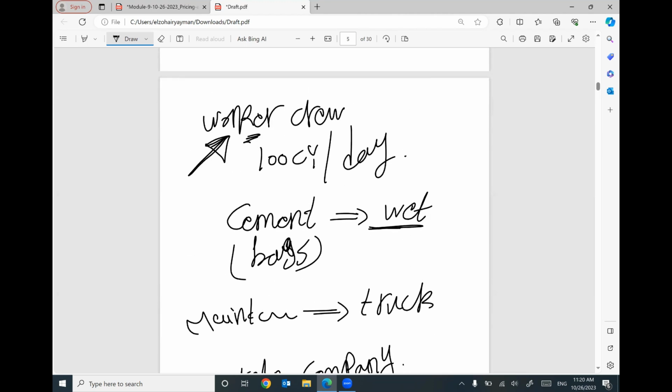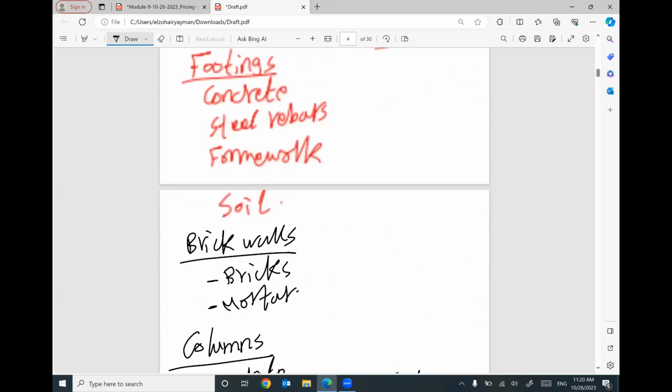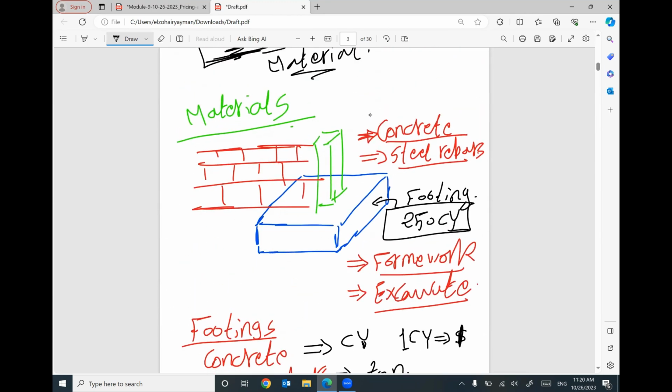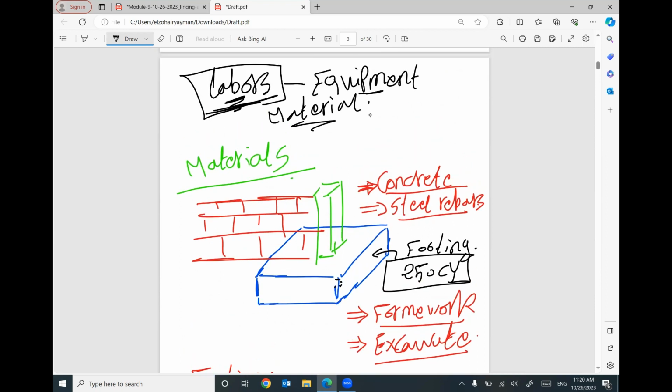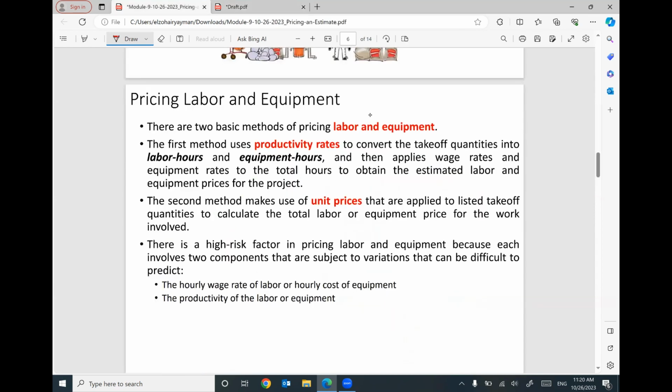But how can I price the workers that will pour this concrete? How can I price the equipment that will be used to pour this concrete? That makes sense? So the material is the easiest one. But we need to talk a little bit about labors and equipment, how to price them.